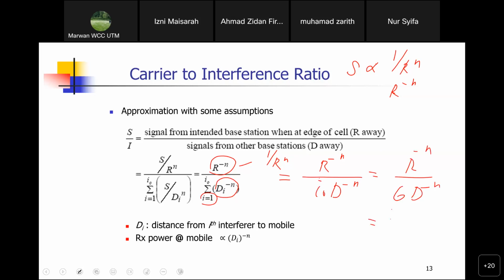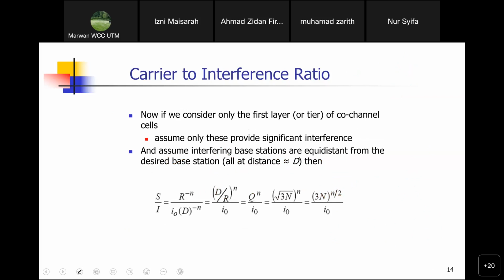Then you get 1 over 6, again, D divided by R. That will be your signal to interference ratio. So you have from here to here. If you look at the next page, then you have this.